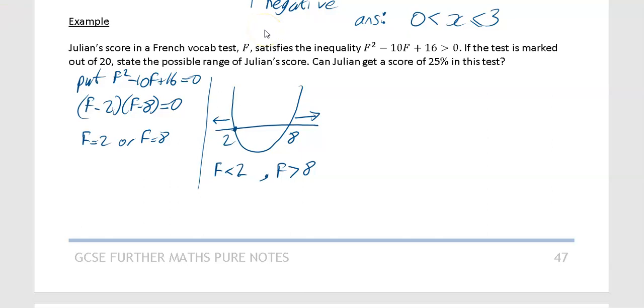Okay, but in this question it says, can Julian get a score of 25% in this test? 25% is a quarter. A quarter of 20 would be 5, and he cannot get a score of 5. So we have to put that into words and say, but the score is out of 20.